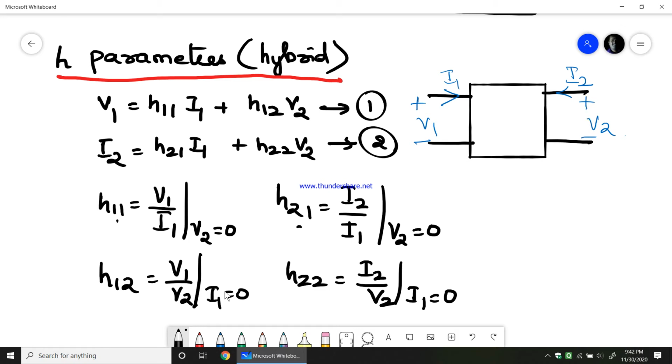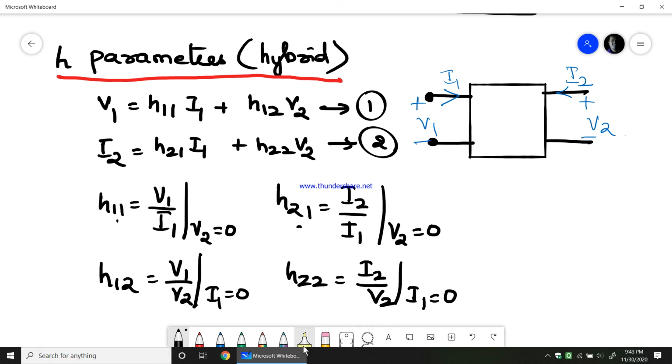For that, I will make the input port open, and then find H12 and H22. Therefore, you are shorting to find H11 and H21, and creating an open circuit at the input port to find H12 and H22. Okay, so this is how the H parameters are obtained in the two port network.